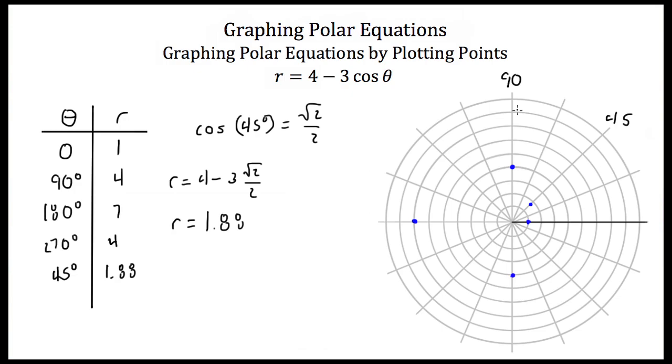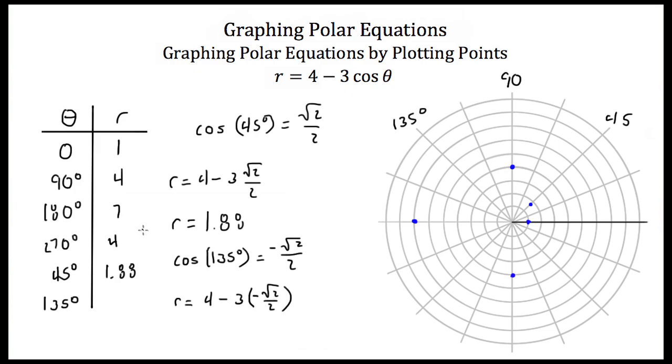Next, I'm going to try 135 degrees. The cosine of 135 degrees is equal to negative square root of 2 over 2. So r is equal to 4 minus 3 times the negative square root of 2 over 2, and this is approximately 6.12.